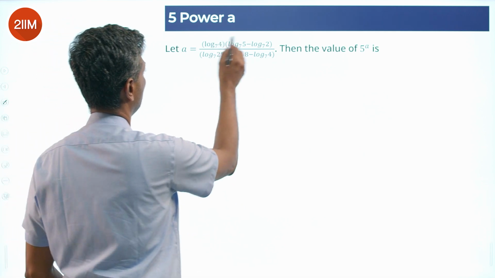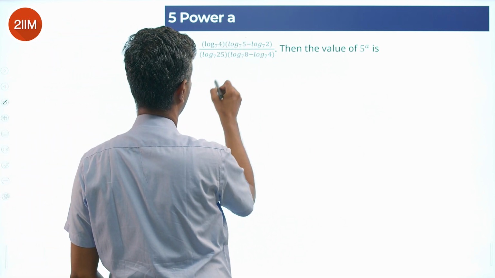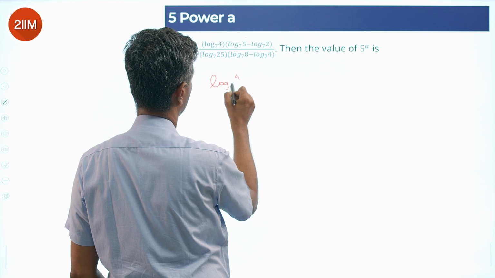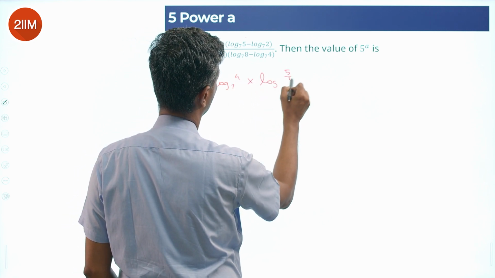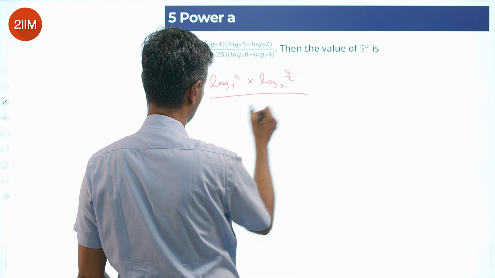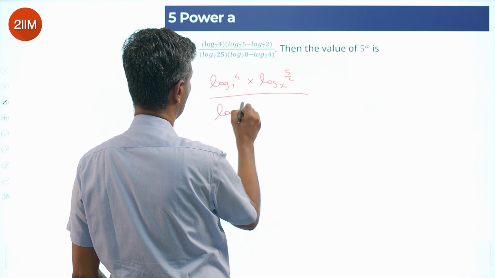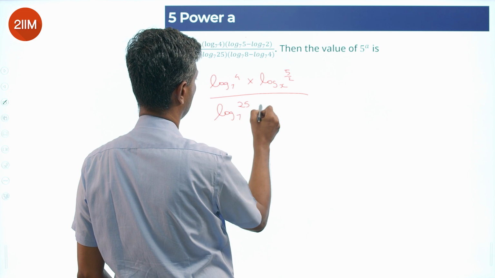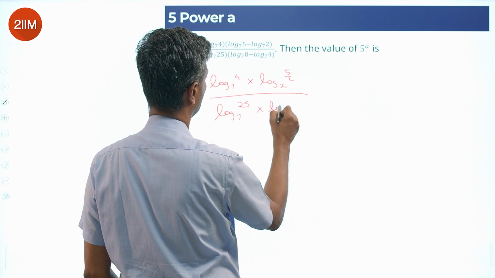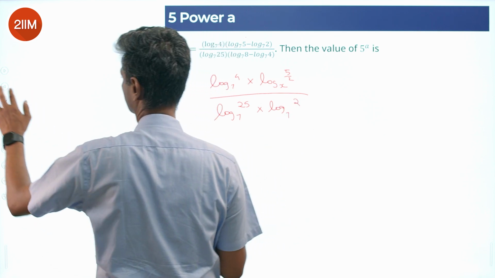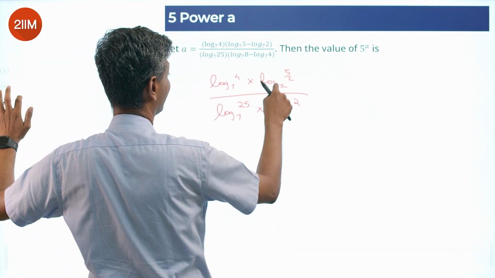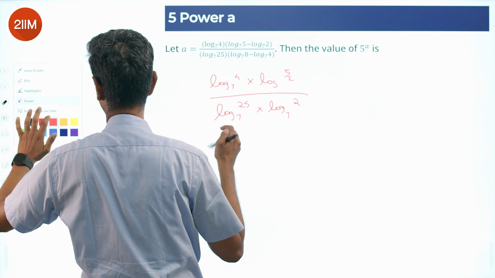So here, the numerator, this part, I can say, hey, log 4 to the base 7 into log 5 by 2 to the base 7 by log 25 to the base 7 into log 8 by 4 to the base 7. I put x instead of 7.